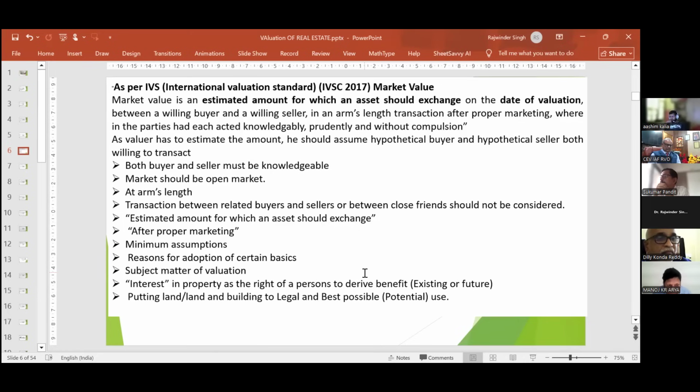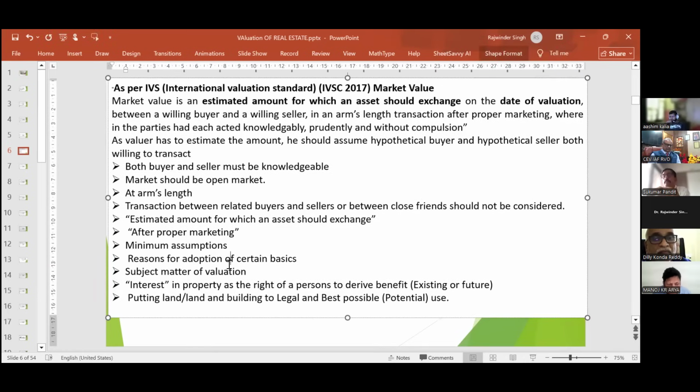So basically, the reason for adopting minimum assumptions is that it doesn't mean that you should not make any assumptions. Wherever it is not possible, you have to assume.